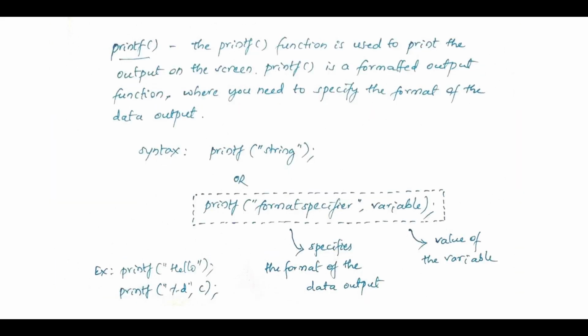Like that, printf is used to print the data on the screen, and it is also a formatted output function where you are going to specify the formats. Directly you can write it as printf with a string, which means you are going to print anything on the screen. Or if you are going to print the stored value, you are going to specify the formats and write the variable name.